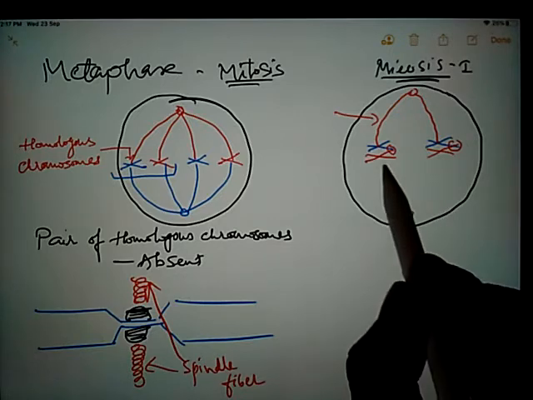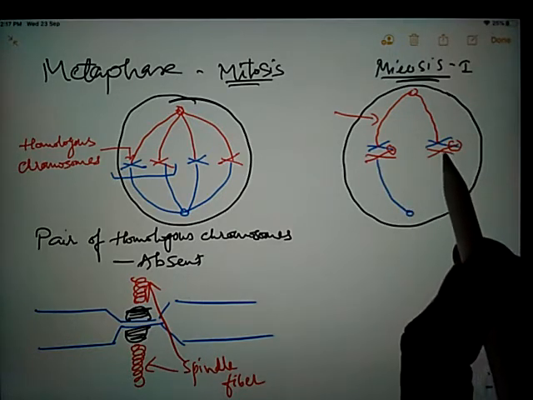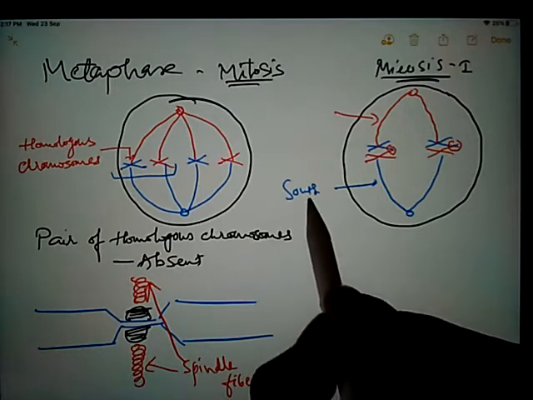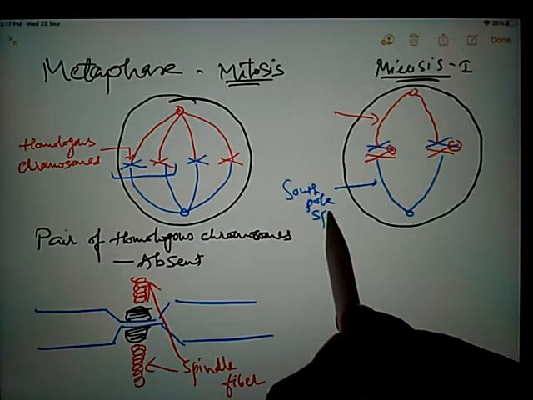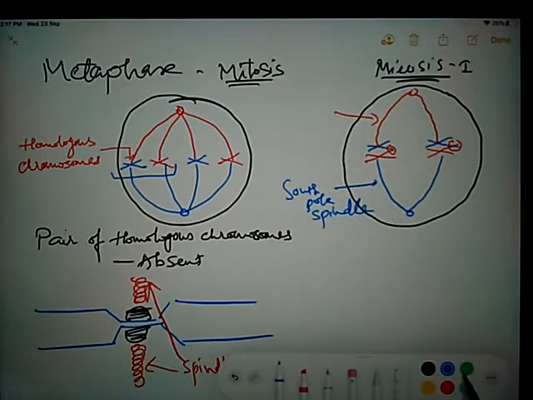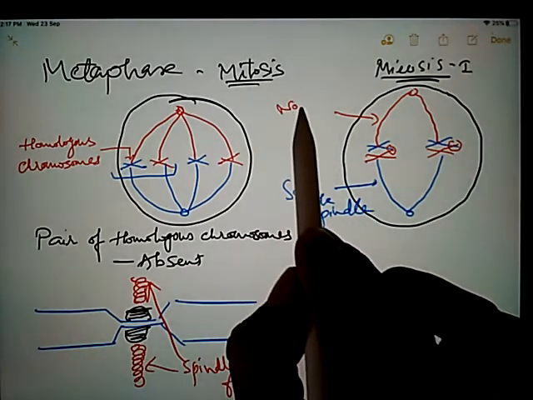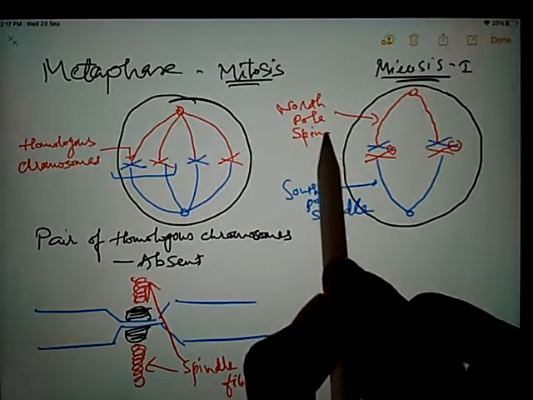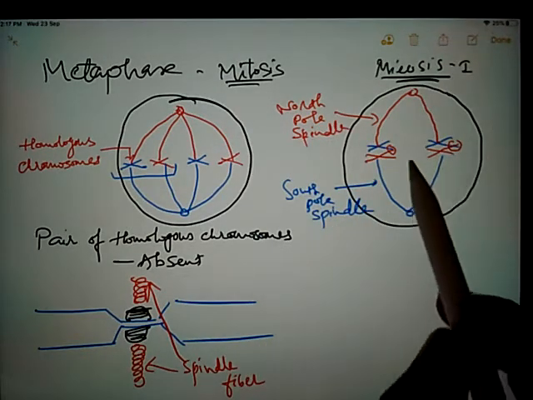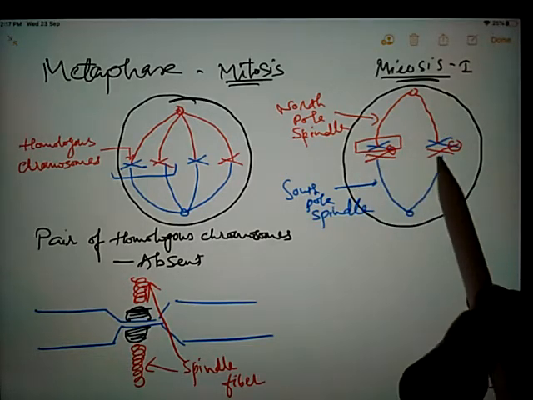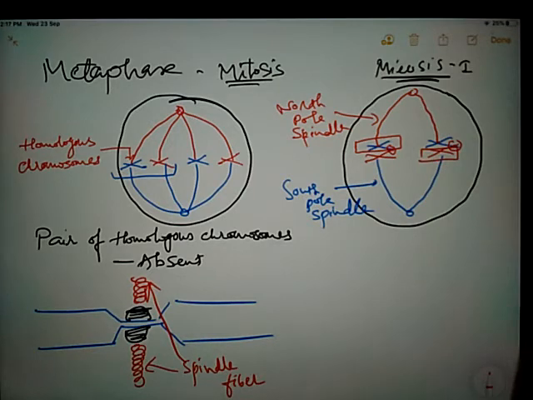For example, this is the south pole spindle, and that was the north pole spindle, and they are arranged on either of the chromosomes.